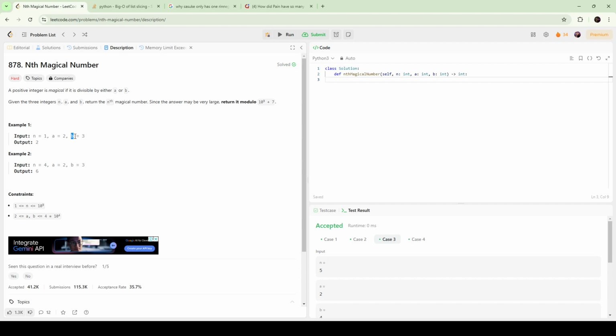If I take the maximum of a and b and multiply by n, I basically get the nth magical number for that number only, right? For example, if I need the third magical number of 3, I basically do 3 multiplied by 3, that's 9, right?